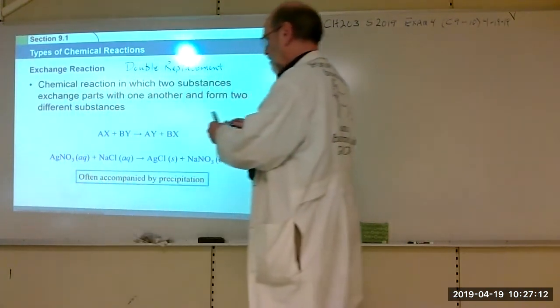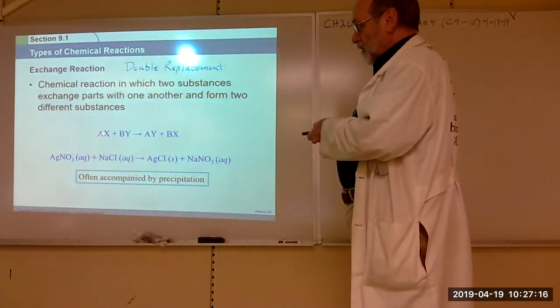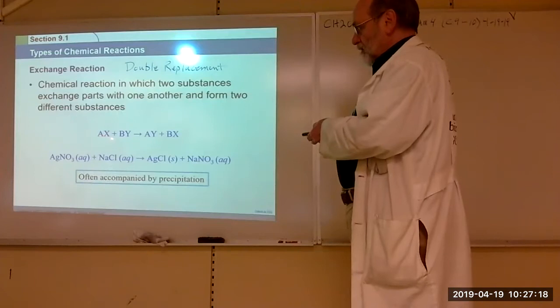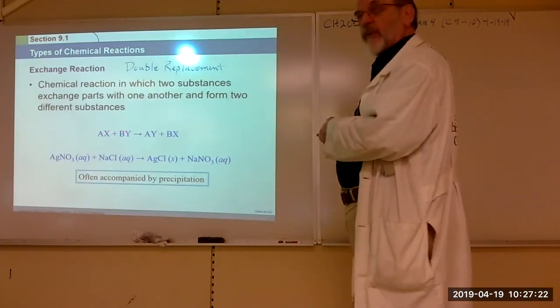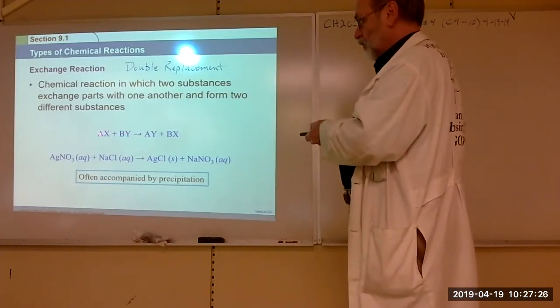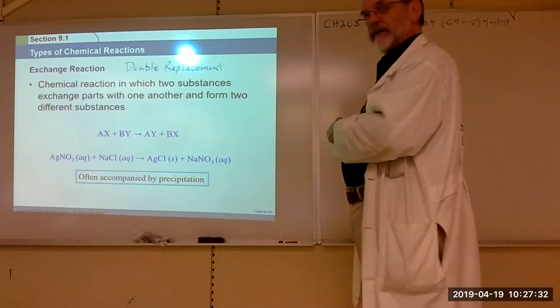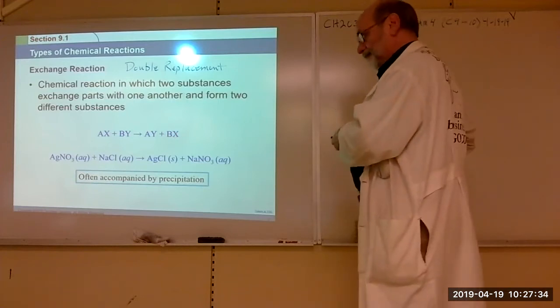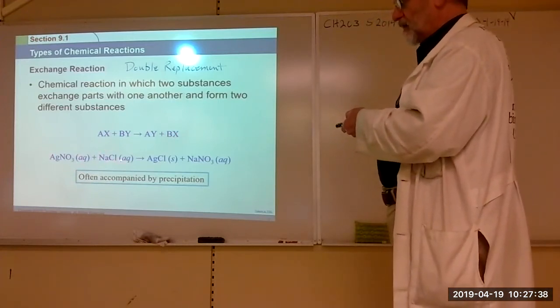Okay. So basically what happens is the A, well, in this case, they use the X and the Y. The X and the Y just swap places. So you notice that X is with A over here, but it's with B over here. The Y is with B, but it's with A over here. This silver nitrate plus sodium chloride.